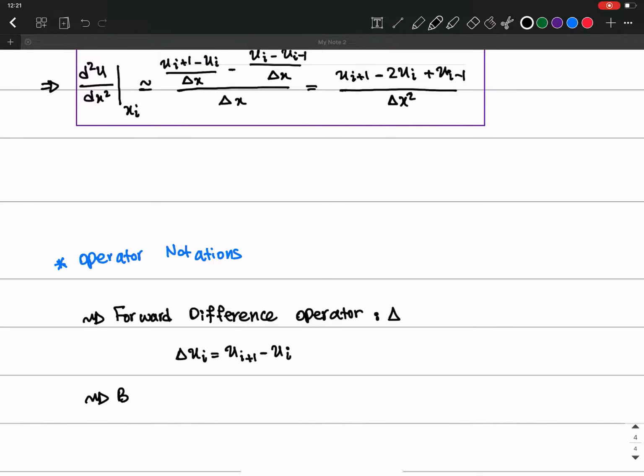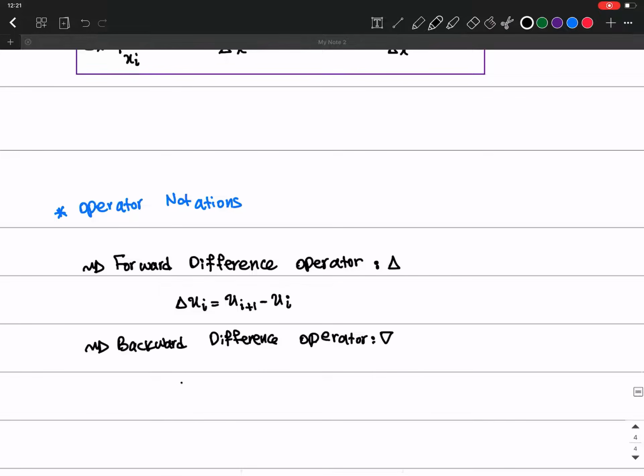The second one is a backward difference operator, and we show that with grad. Grad of ui equals ui minus ui minus 1.